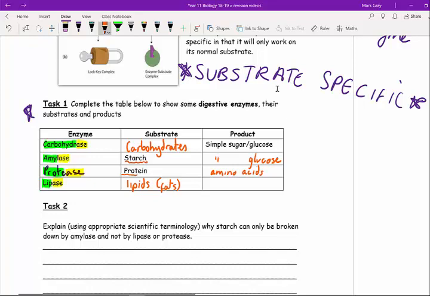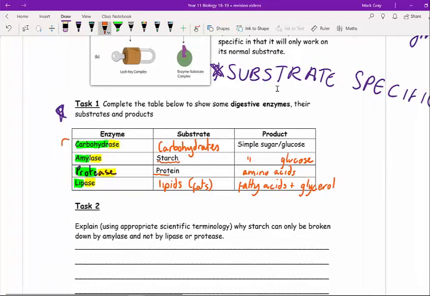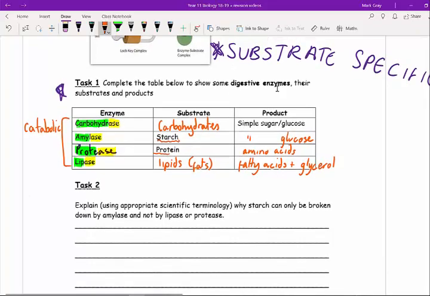And then lipase breaks down lipids or fats into fatty acids and glycerol. Lovely. Now, these are all catabolic enzymes because they break down large molecules into smaller ones.